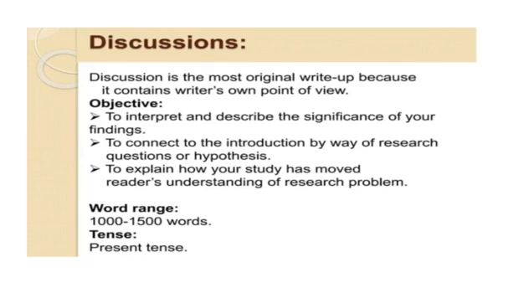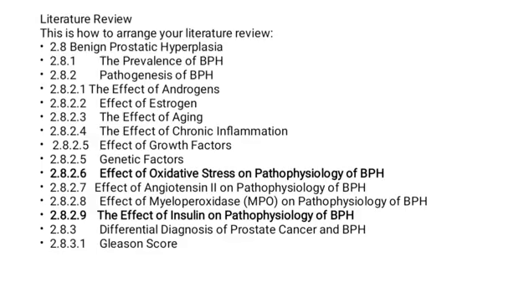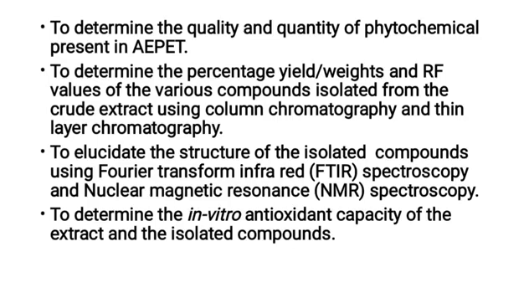If your first specific objective, for instance in this particular presentation, is to determine the quality and quantity of phytochemicals present, it's expected that in his methodology he will first present how he determined the quality and the quantity of the phytochemicals present in airpet.